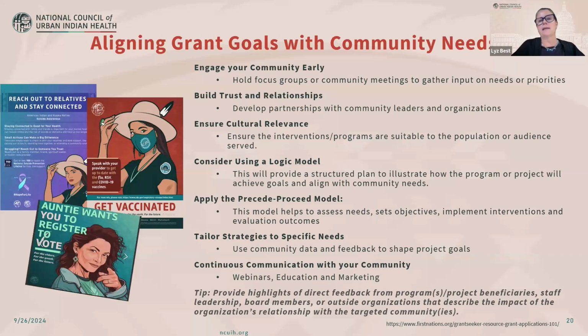Finally, consider highlighting direct feedback from beneficiaries, staff leadership, and other stakeholders. This feedback provides concrete evidence of the positive impact of your organization's engagement with the community, reinforcing the value and effectiveness of your efforts. By incorporating these strategies, you'll be well positioned to ensure that your grant goals are effectively aligned with the needs of the community, leading to successful and sustainable outcomes.